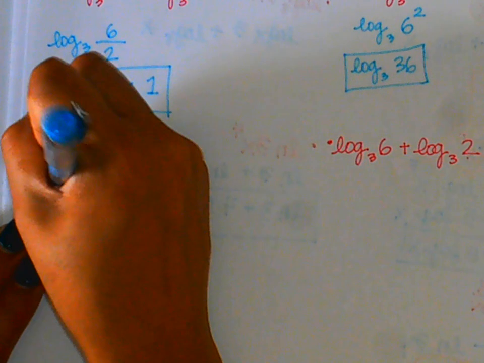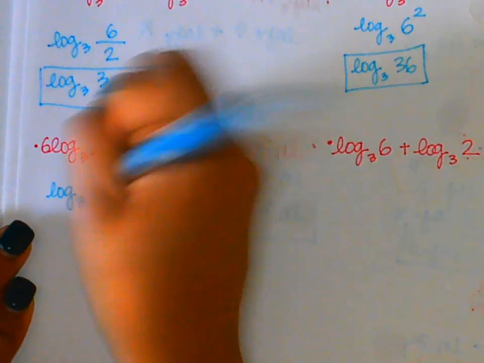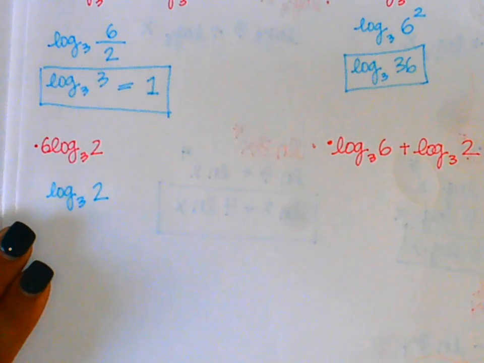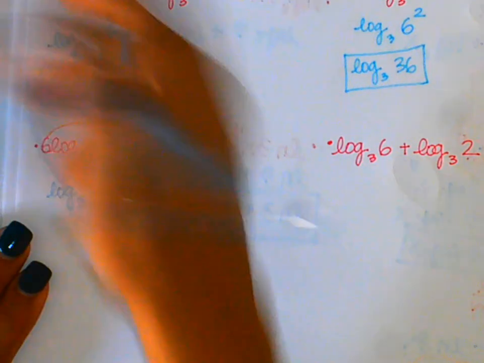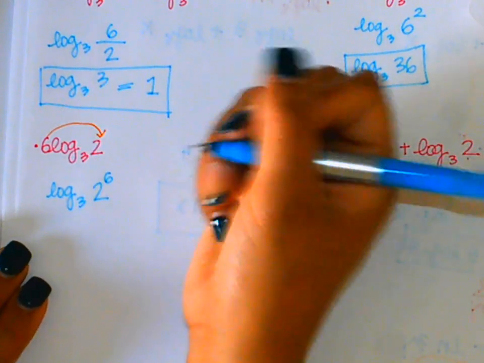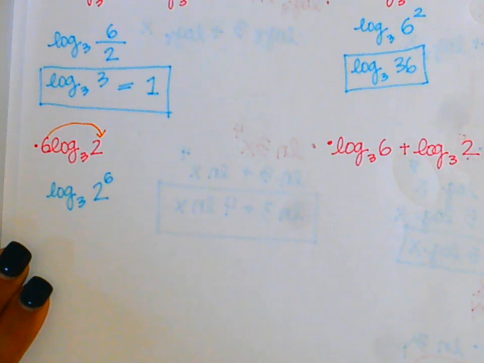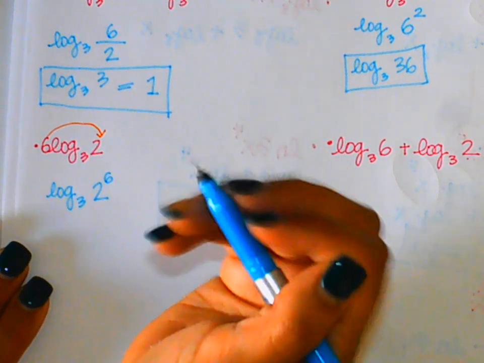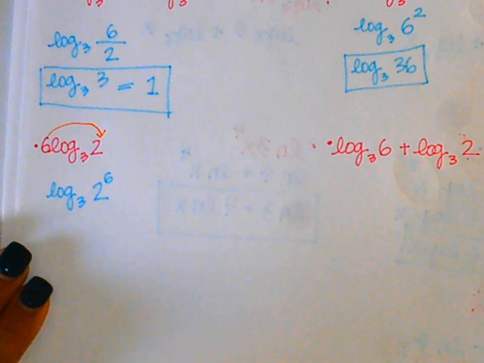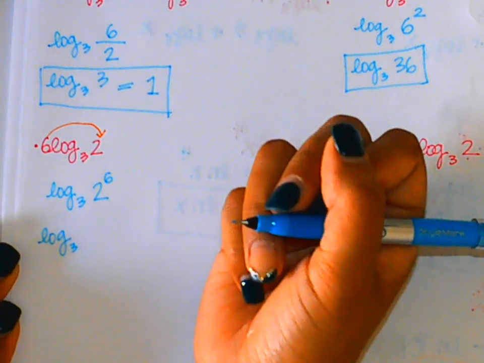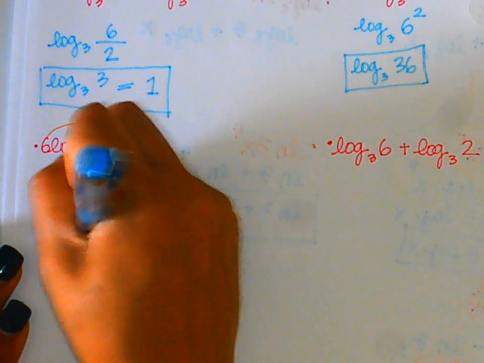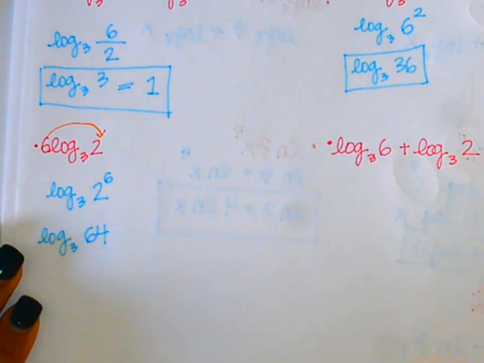Again, I'm going to bring down log base 3, 2, and since it's being multiplied, it becomes an exponent like this. So then this becomes log base 3 of 2 to the power of 6. I'm going to say, I think it's 64. Pretty sure.